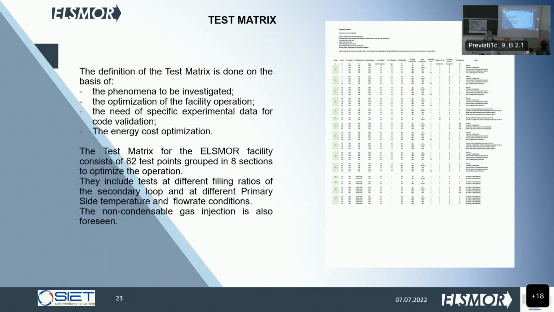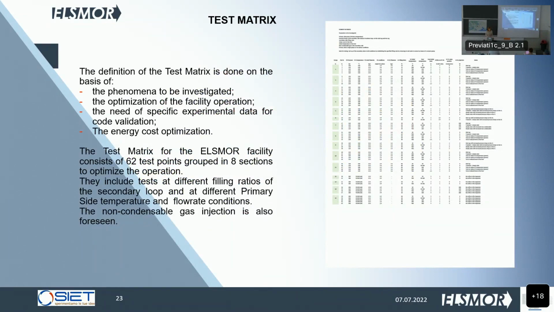The test matrix. So the test matrix has to be defined on the basis of different requirements. For example, the first one is what we want to see, which phenomena we want to investigate in the facility. So this is important to define the matrix.